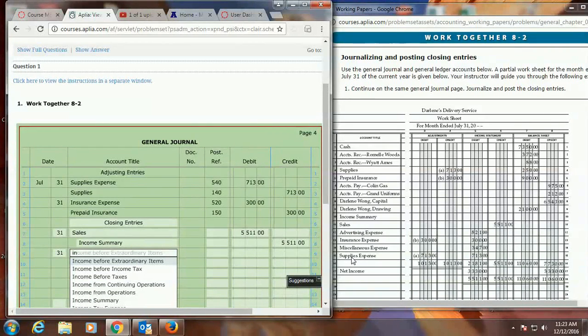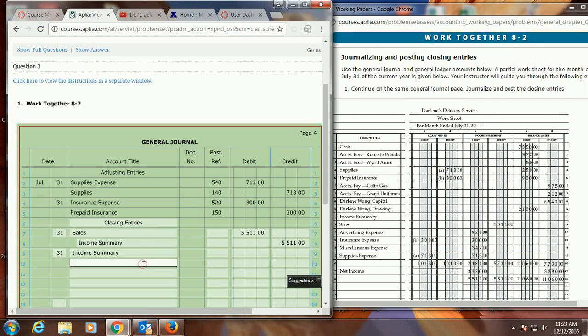So we have to do a credit to it, but we're going to do a debit to income summary. So advertising expense is going to be a credit for $821. I'm going to just do them all at the same time. I'm going to do insurance expense, and I'm going to do a credit for $300. And then I'm also going to do miscellaneous expense for $347.